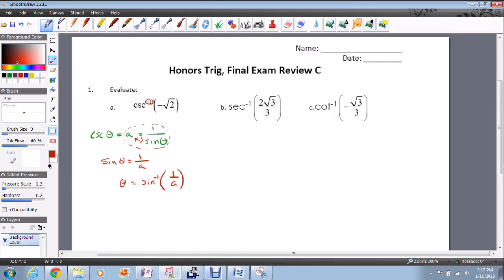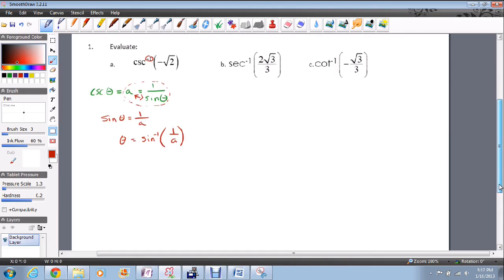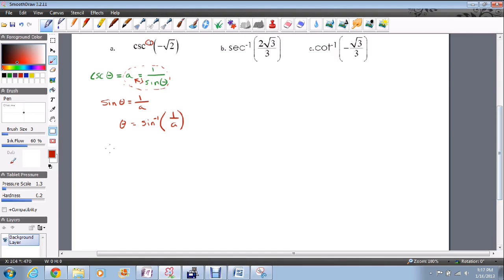So that's really the nitty gritty about it, but really all I'm going to do in this problem is say, okay, the sine inverse of what we have in parentheses here, it's just going to be the reciprocal of that. So it's just really going to be negative 1 over square root of 2.